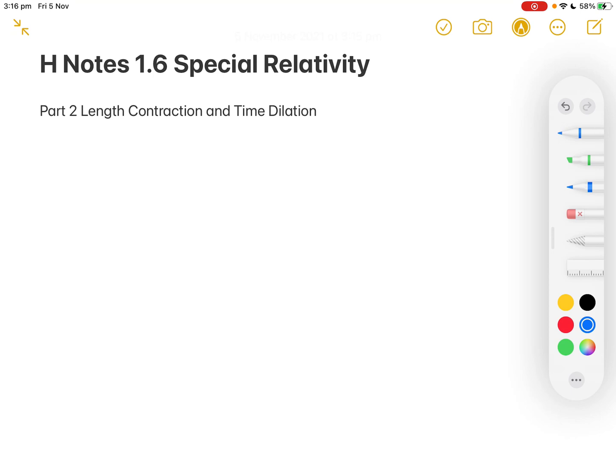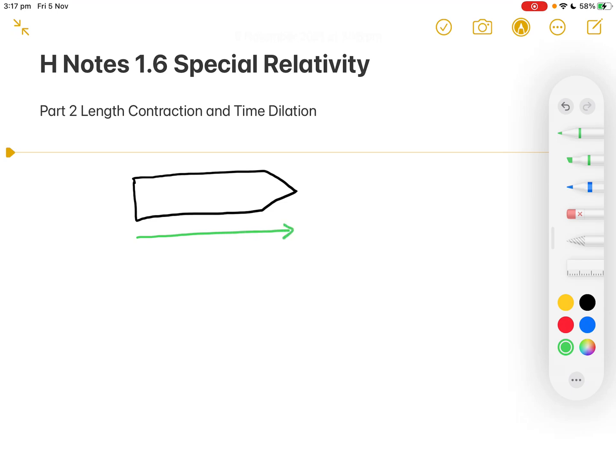Let's imagine we've got the ubiquitous spaceship, which I will draw like that. It's got a particular length, which we'll call L. Now, I've immediately got to say, well, it says who?